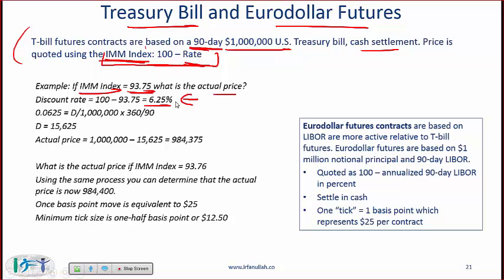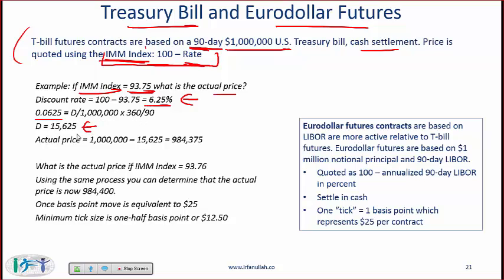So that's the rate. Then remember that these instruments are quoted based on a discount, so it's a discount yield. And this concept keeps coming over and over. You've seen it in quant, in corporate finance, in fixed income, and here in derivatives, so it's almost a guaranteed item on your exam. 0.0625 is the discount divided by face value, because it's a discount instrument, times 360 over 90.